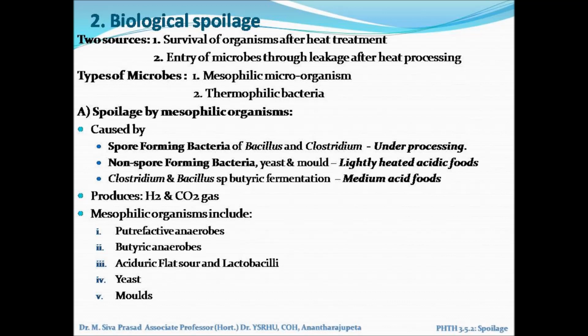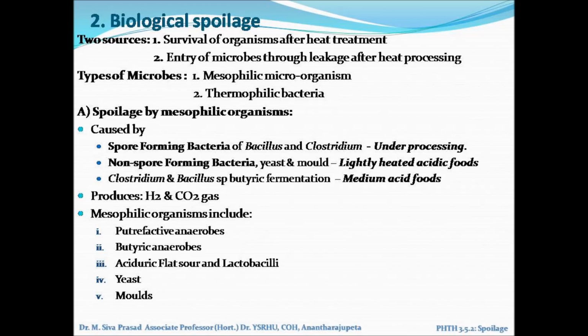Spoilage caused by mesophilic microorganisms. These microbes grow in the range of 25 to 47 degrees Celsius, which means they can be killed easily by processing at high temperatures. If they are still surviving in the can, it means they are not properly processed or properly heated.